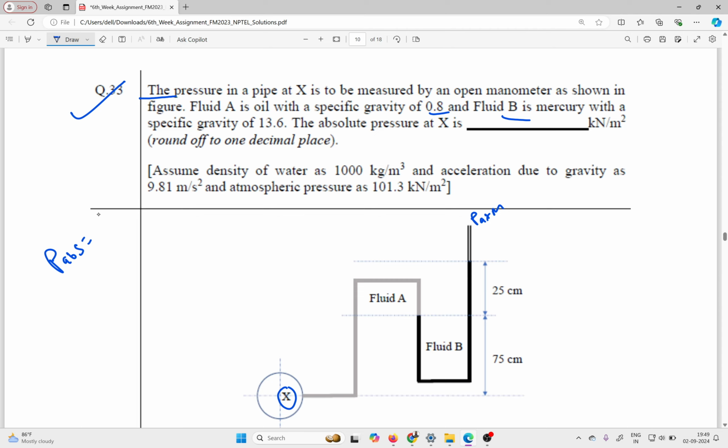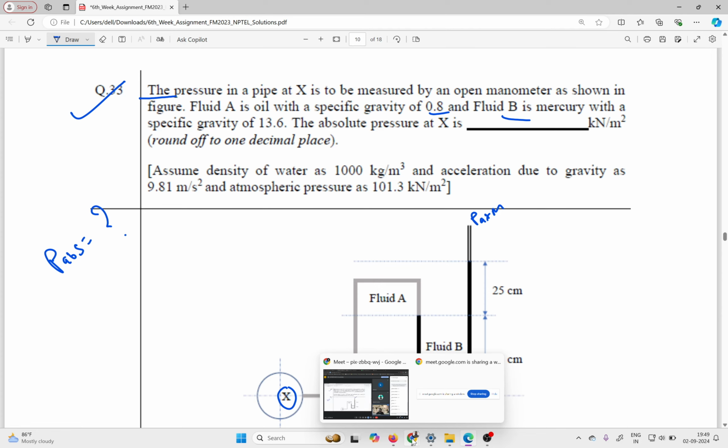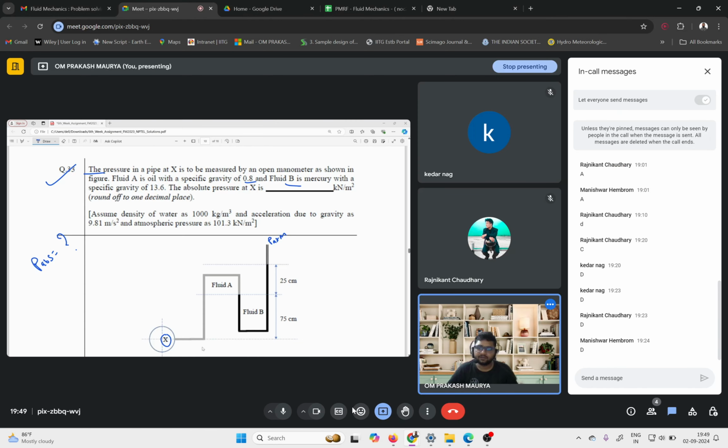So here you need to calculate the absolute pressure. Please try to calculate. This is from your very beginning classes, I think from your first class.